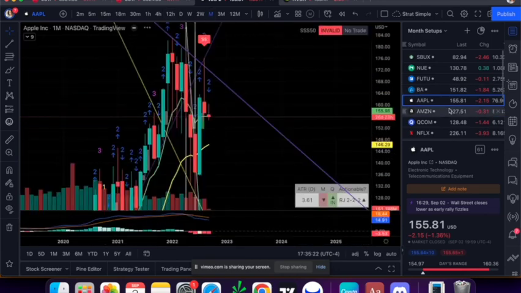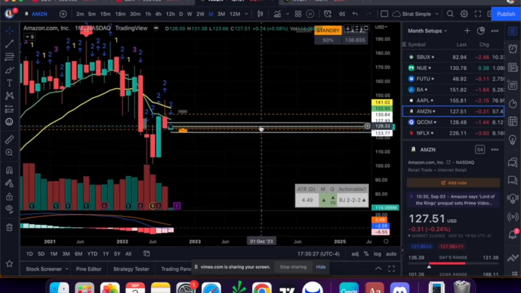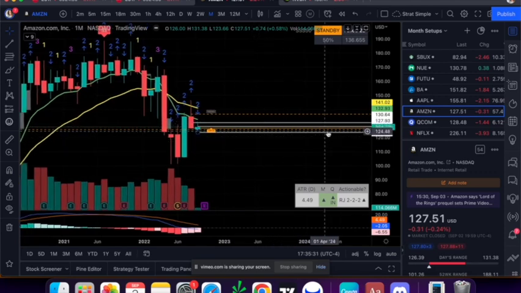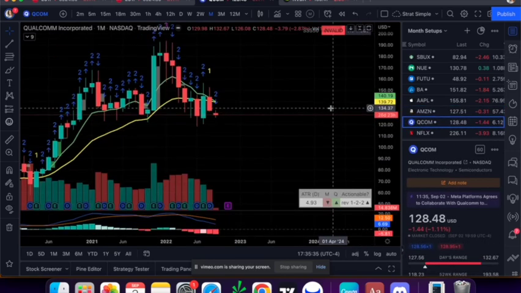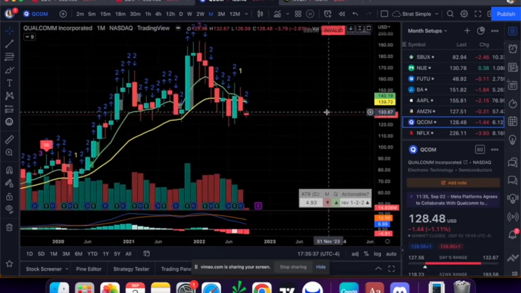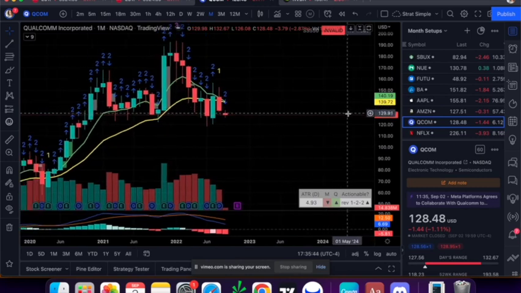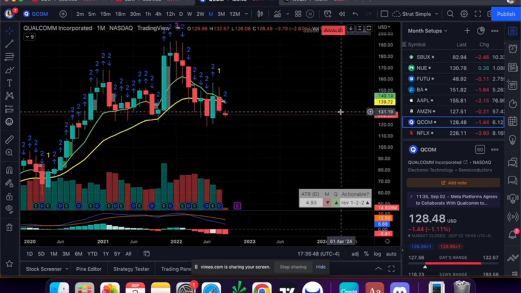And then Amazon is also a part of SPY and QQQ. It triggered, but then it came back in. So just something to be aware of. QCOM also triggered the 212 down on the month. I know you were talking about QCOM, Key, but that's still good. That shooter is still in force as long as it stays under this 131.